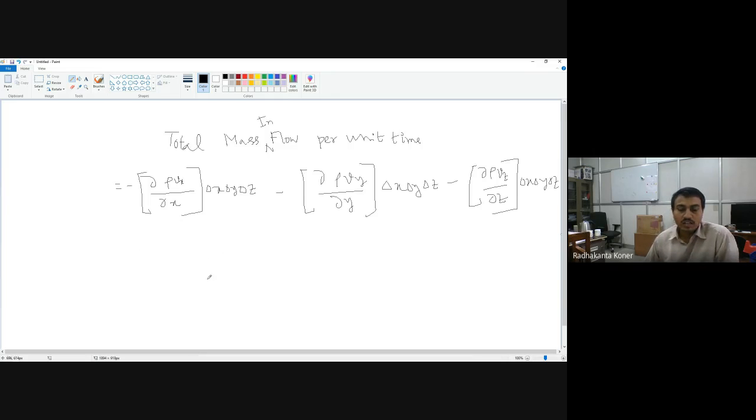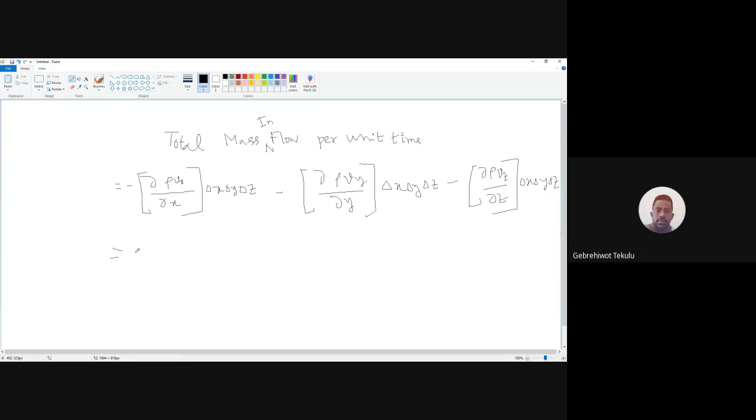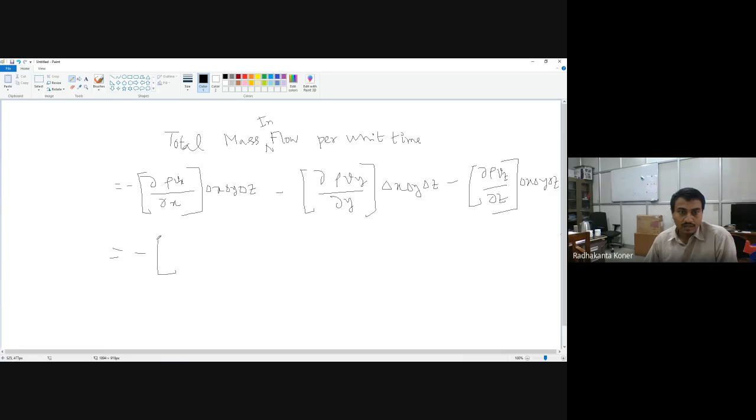So gathering all these terms and passing the differential, it will be like this: minus del x plus del y plus del z.